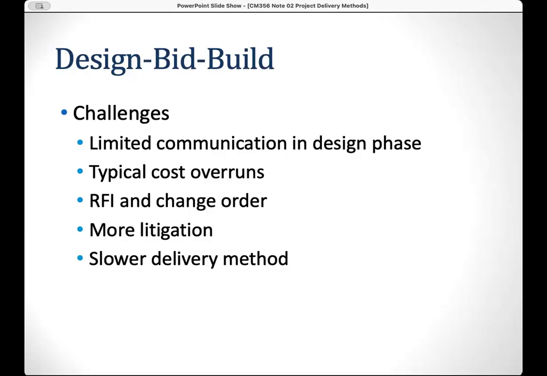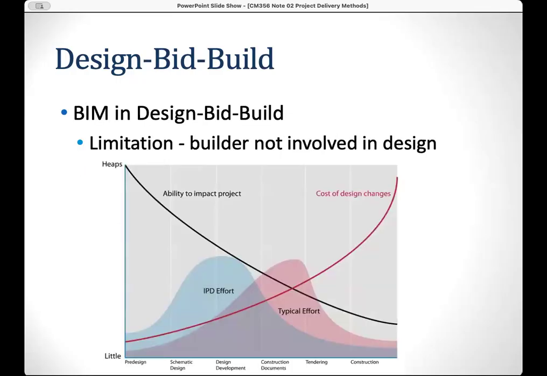Does that make sense? All right, so that is design, bid, and build. We understand the overall contracts between the owner and the design team, and between the owner and the contractor. And we understand the advantages and also the disadvantages of design, bid, and build.